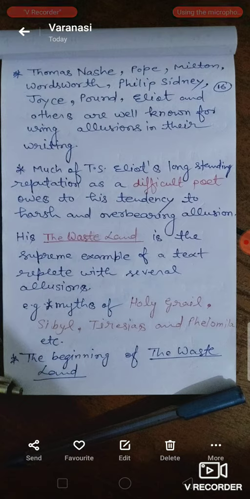Other myths are also there, I'm not talking of those. For understanding The Waste Land, it is very much needed that we should be acquainted with all these myths. Those are present in this particular text. We'll talk about some of them.